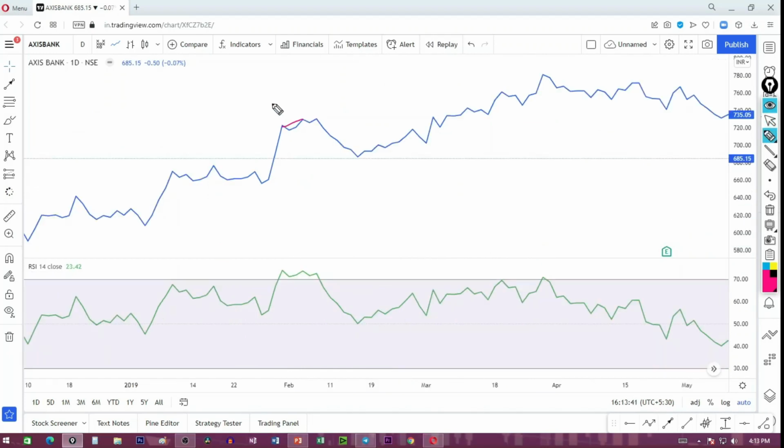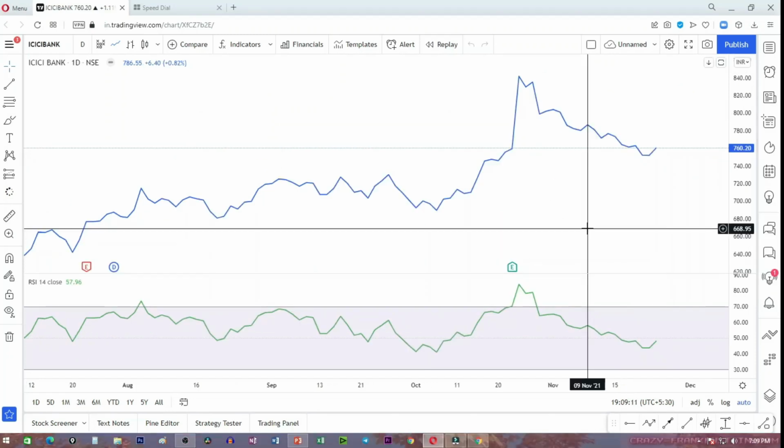This point to this point, price make higher high, and same time RSI make lower high. So this is a valid negative classical divergence.